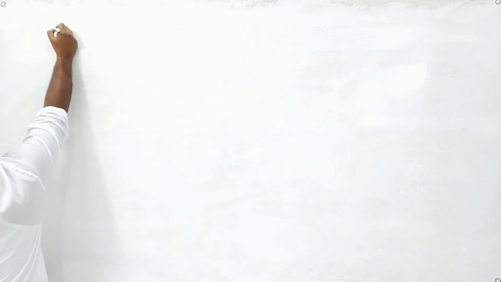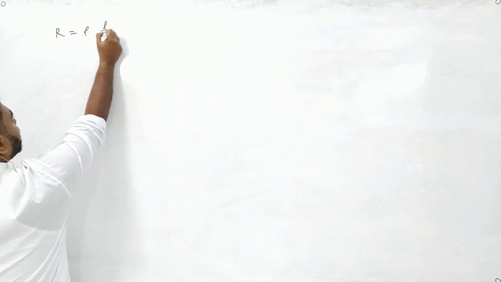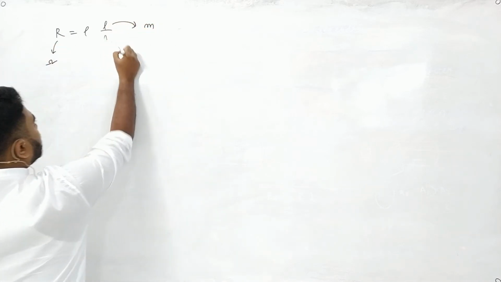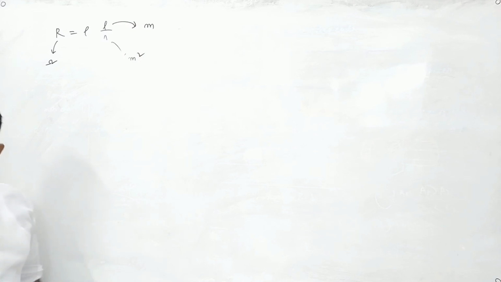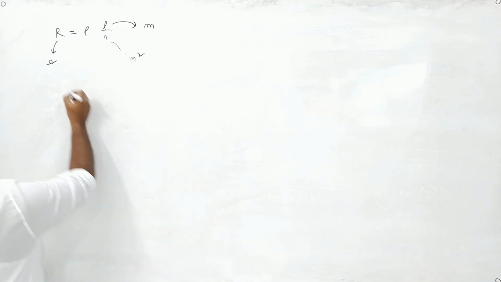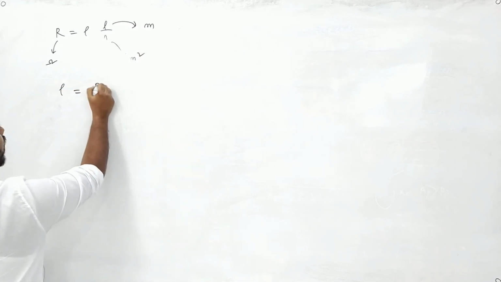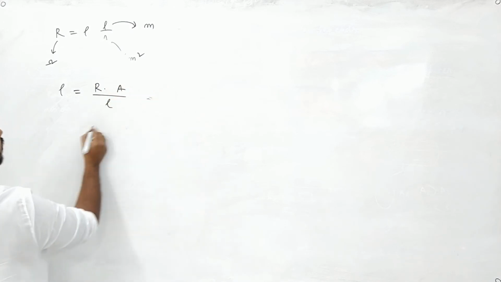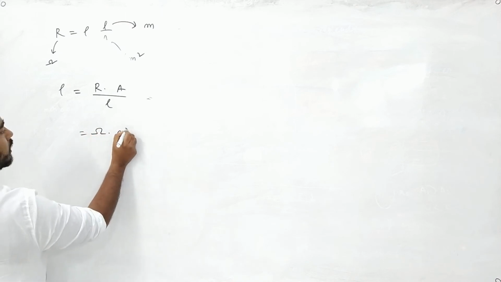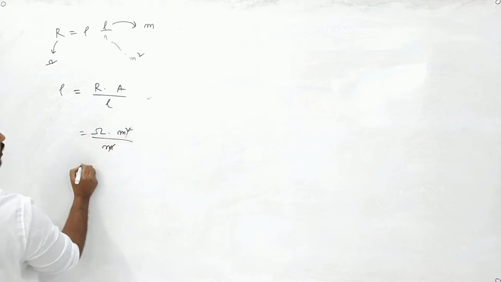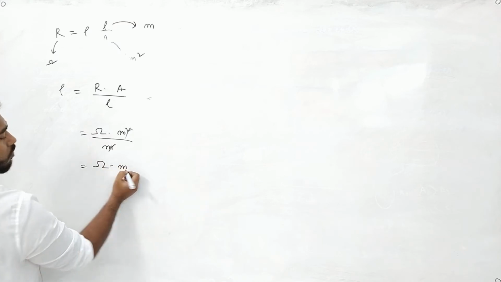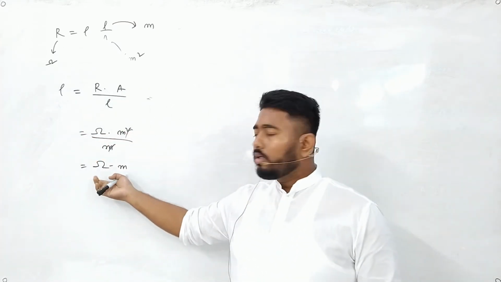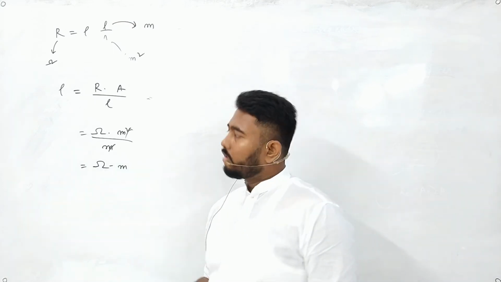Resistance R equals rho L by A. We know the unit of resistance is ohm, length has unit meter, and area has unit meter square. Resistivity can be written as R into A by L, so the unit is ohm meter square by meter, which is ohm meter. Is that clear? The unit of resistivity is ohm meter.